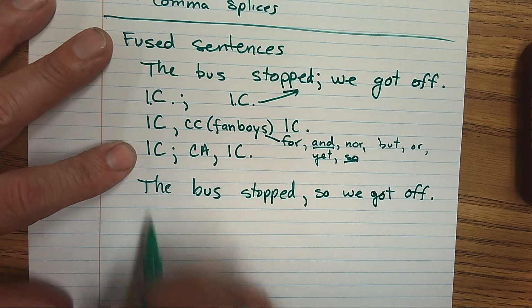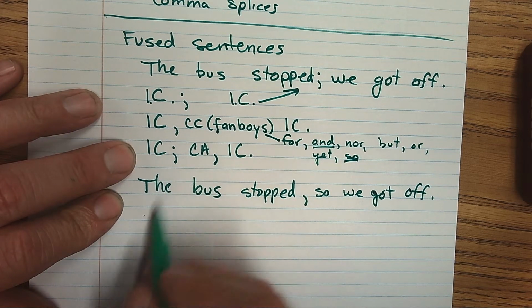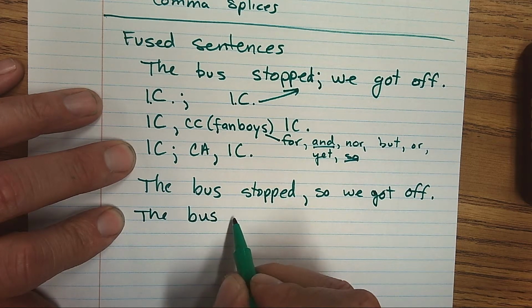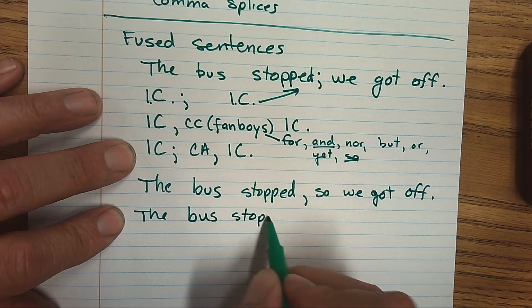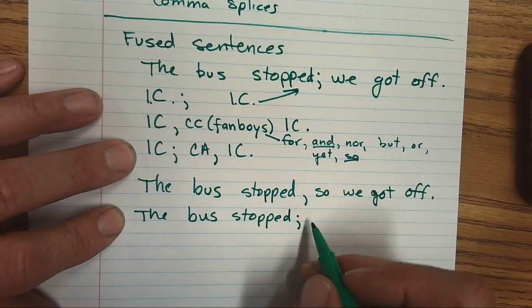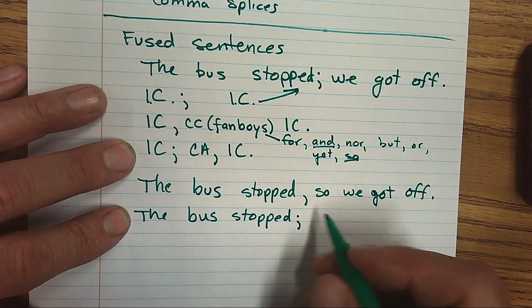Then the last example is using a conjunctive adverb in the middle. The bus stopped, semicolon, because we're going to have just joining two independent clauses, but the second one has a conjunctive adverb. It's a transition.